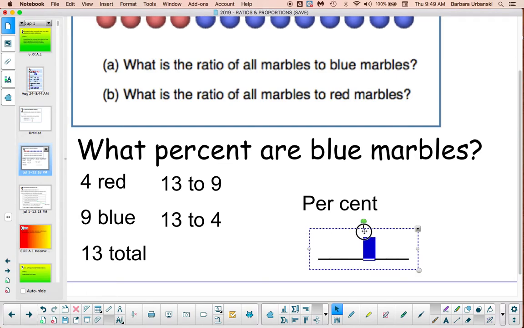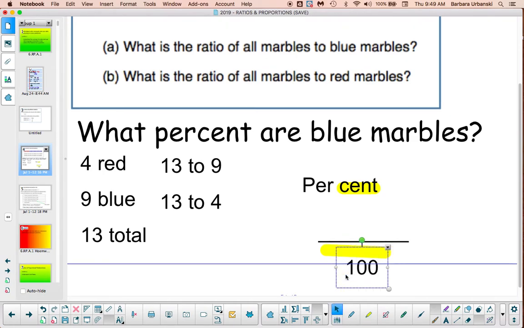The per is the fraction bar, and cent, C-E-N-T, means 100. So then you would have your 100 in the denominator. This is just a little sidebar lesson for you. But it says what percent are blue?